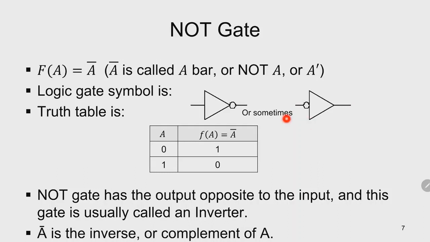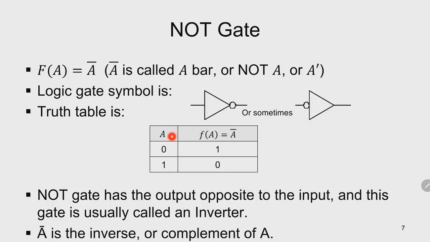The truth table is very important in digital electronics. Basically, it tells you all the different combinations of the logic, what all the different combinations this gate can have.